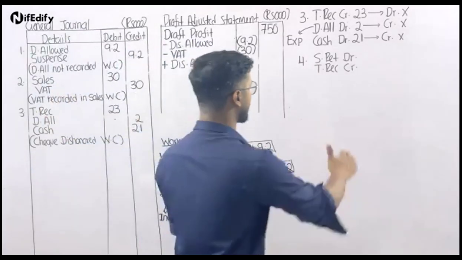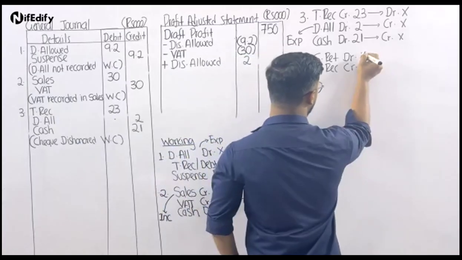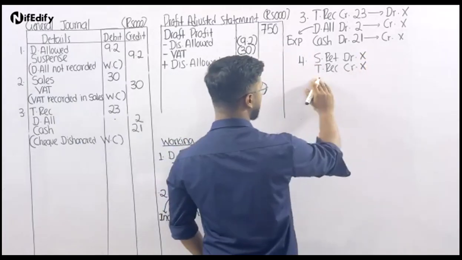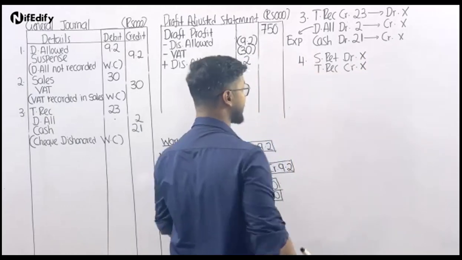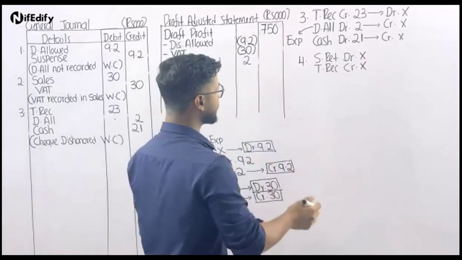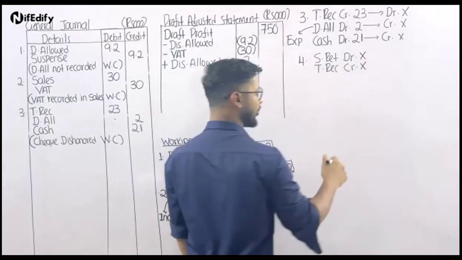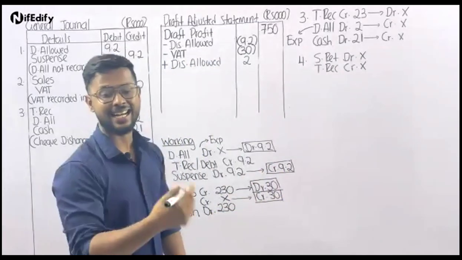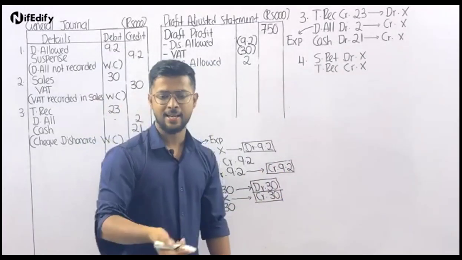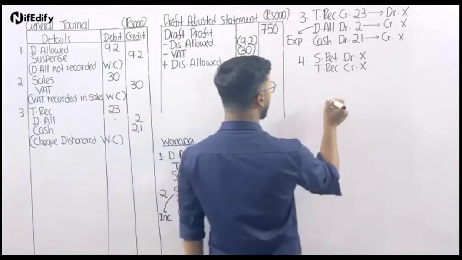So something that should be recorded as sales return is not recorded. Something that should be recorded as a contra entry in the trade receivable account is not recorded. Instead of recording this as a sales return, you recorded this as a credit sale. So what's the double entry for credit sales?